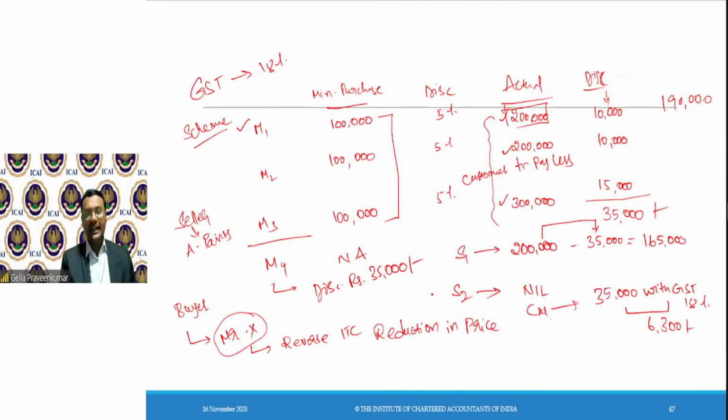You will get clarity when you look at scenario 2. In scenario 2, there is no billing for that month. What am I doing as seller? I'm issuing a credit note with GST. 35,000 happens to be a discount, and this discount is passed on to my customer. Now, what am I doing? I'm reducing the value of supply. I'm reducing 10,000 for month 1, 10,000 for month 2, and 15,000 for month 3.